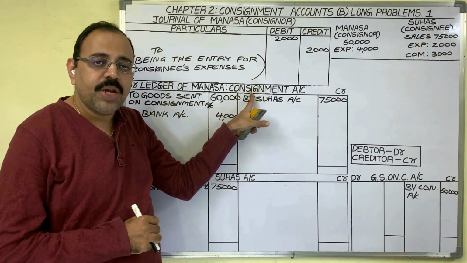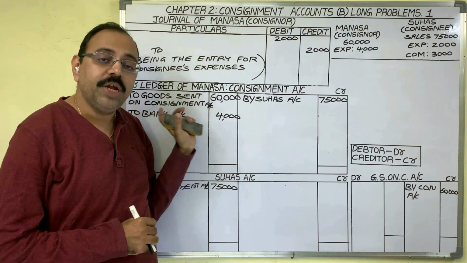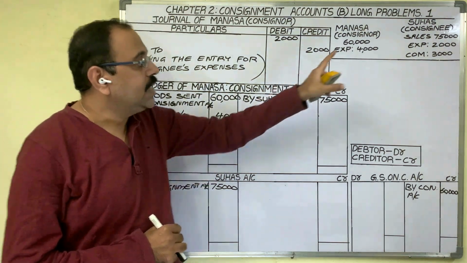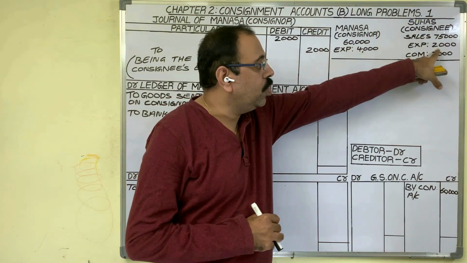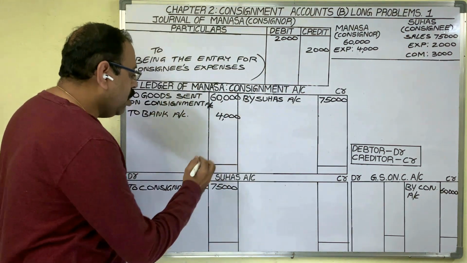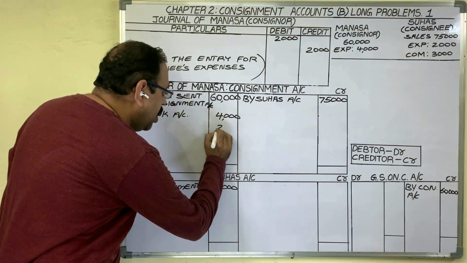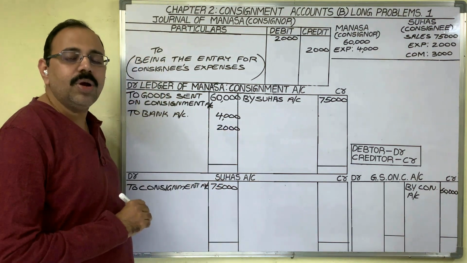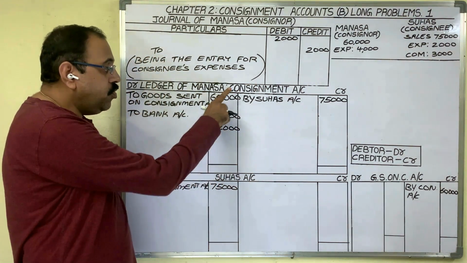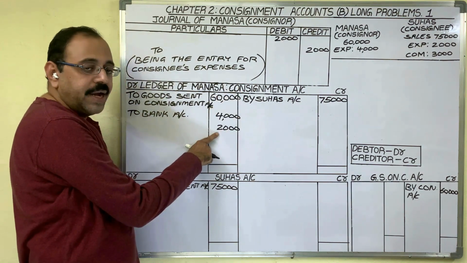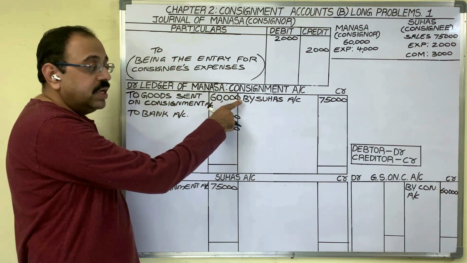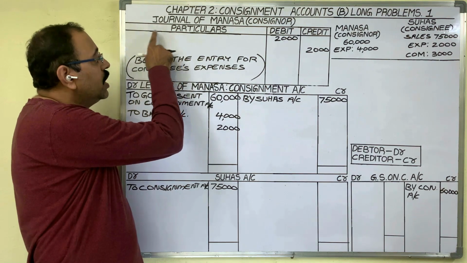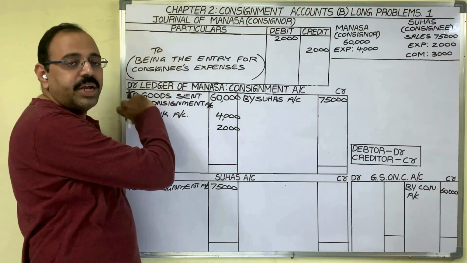So as per nominal account rule, expenditure is to be debited. So for consignee expenditure also, in consignment account we should show that on debit side, 2,000 rupees should be debited to consignment account. If you want to post on debit side in consignment account, in journal entry also consignment account is to be debited.